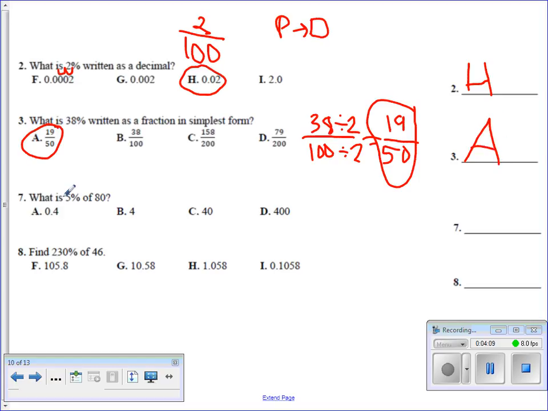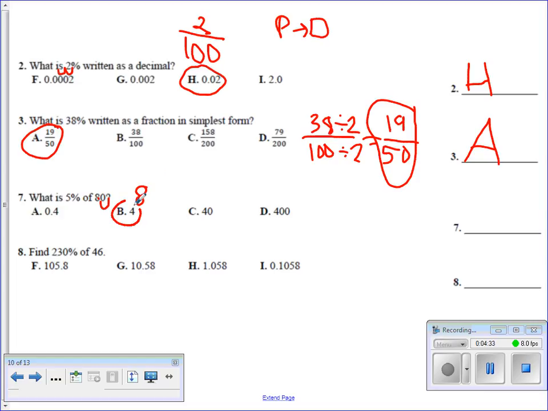Number 7 says, what is 5% of 80? Using estimation, or using my 10% rule, I know that 10% of 80 is just 8. So if 10% of 80 is 8, 5% of 80 should be half of 8.